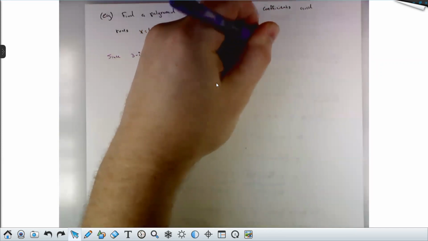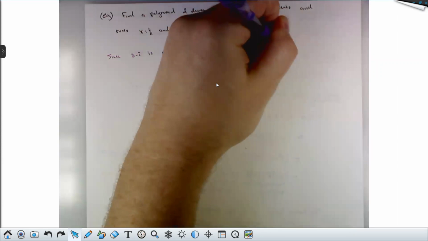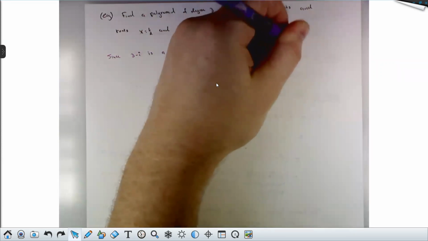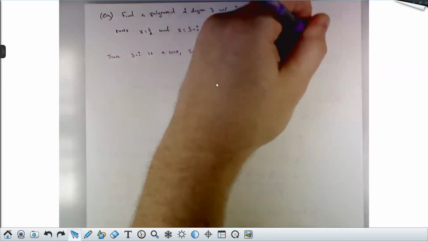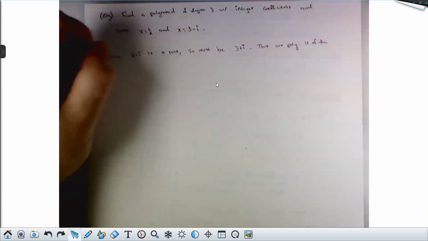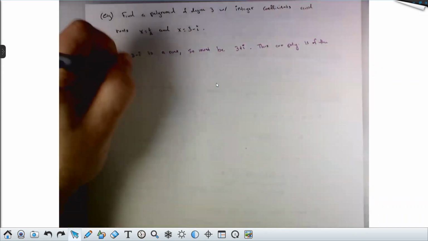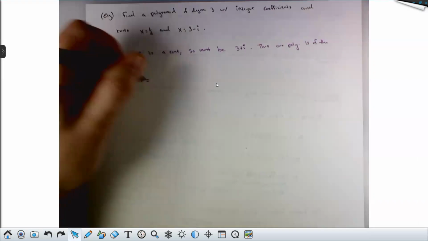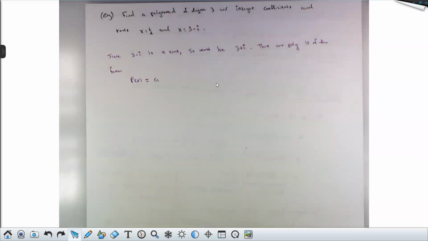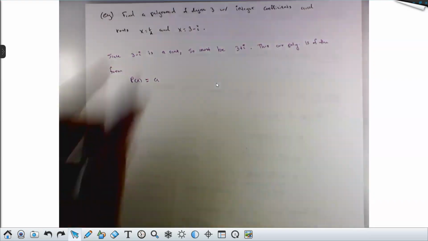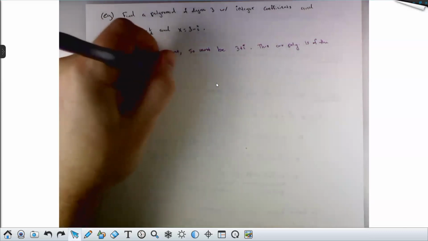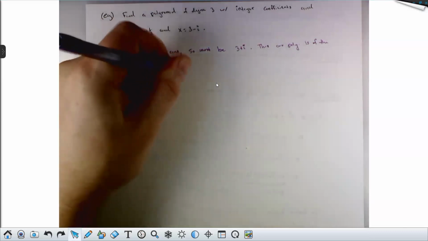Thus, our polynomial is of the form P of x equals some lead coefficient, don't forget this, times x minus 1/2.